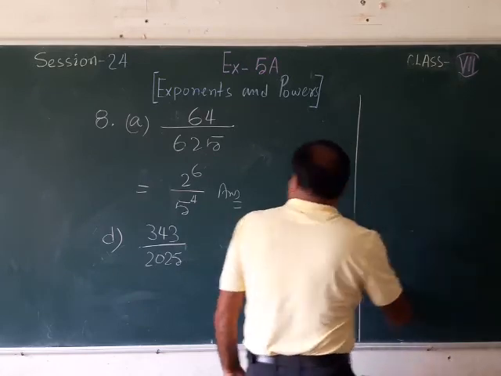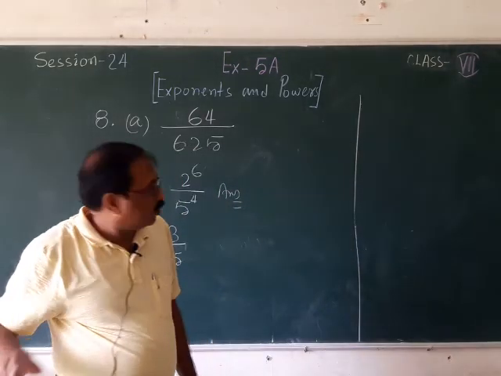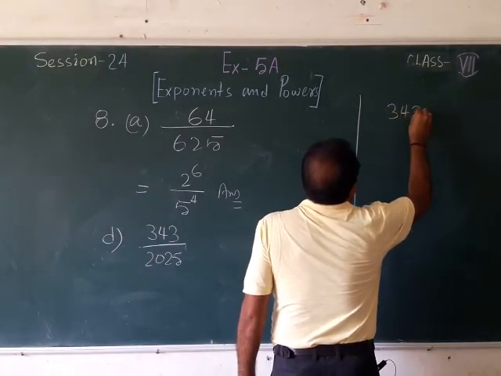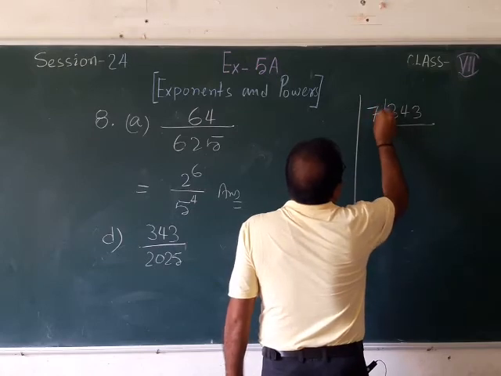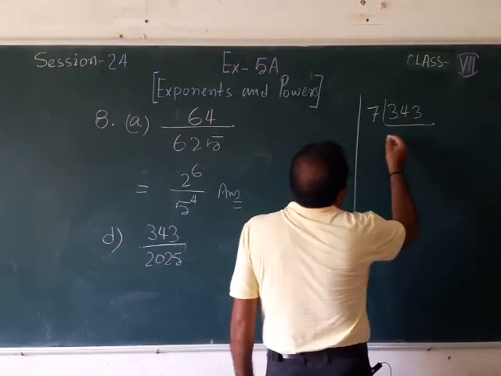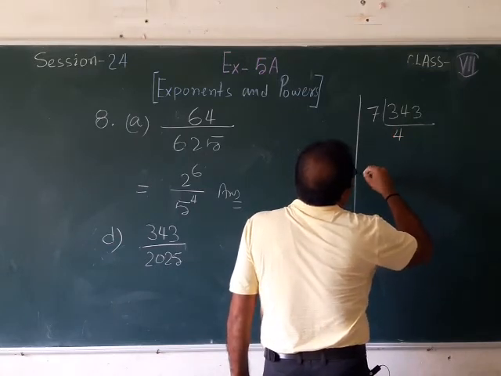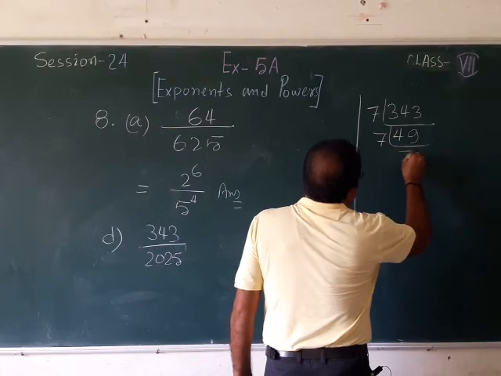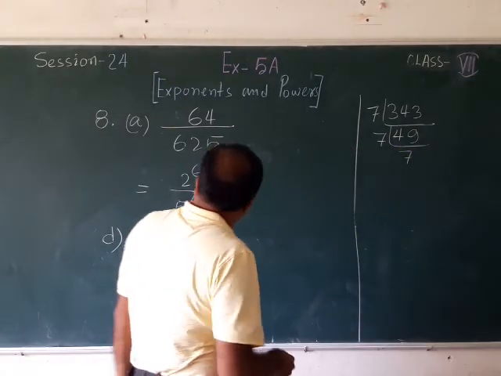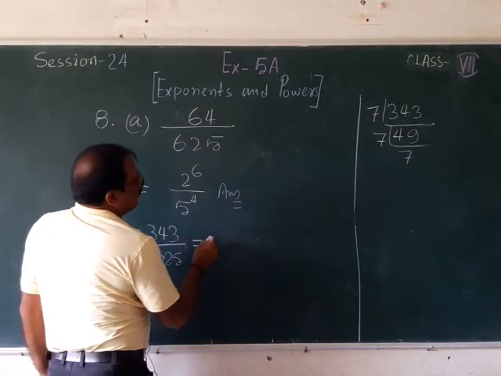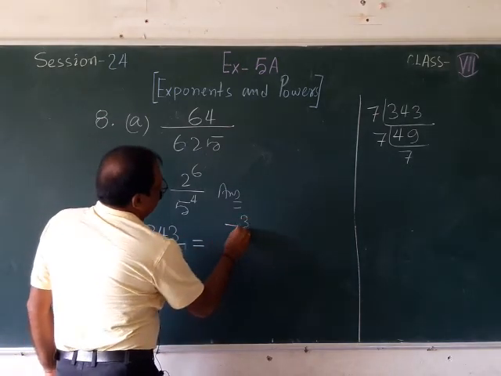How to factorize 343? I know that this number can be divided by 7. 7 4s are 28 and 7 9s are 63. Again 7 can divide. So 3 7s are there. So 343 can be written as 7 to the power 3.